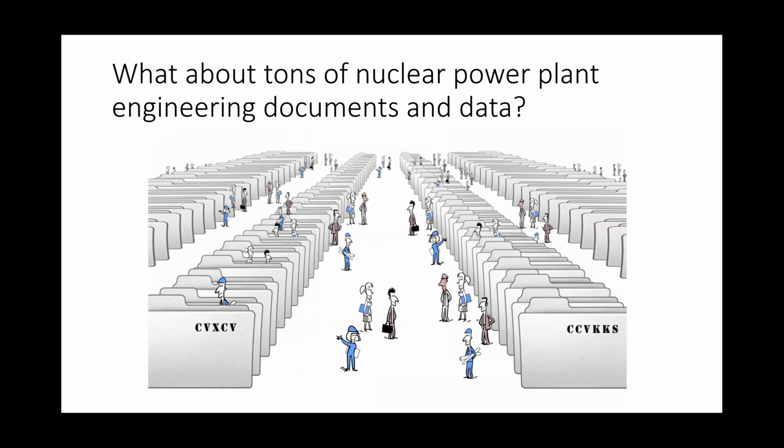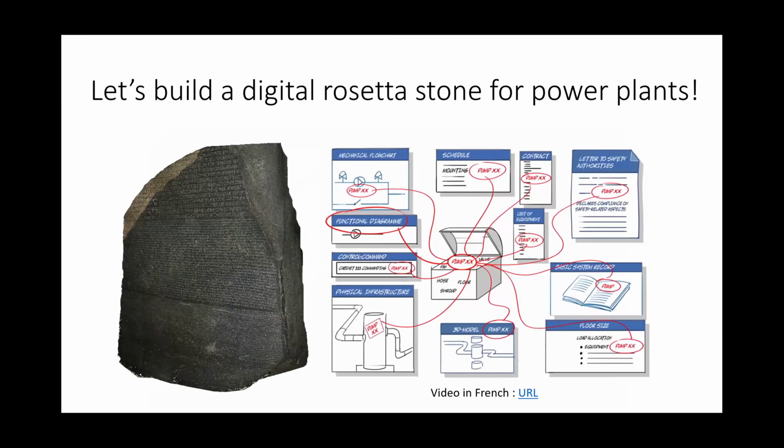It was very inspiring for me because when we were dealing with engineering data and documents for nuclear power plants, you can imagine that we are reaching millions of different data and documents. And I won't say it's difficult, it's something very tricky to manage. It's the tricky aspect, the complexity to manage.